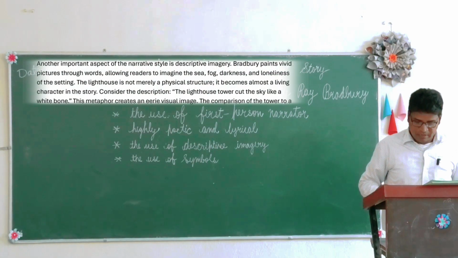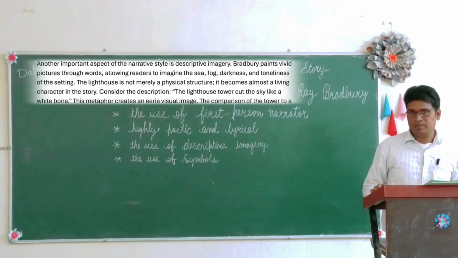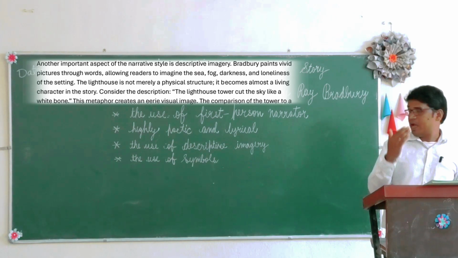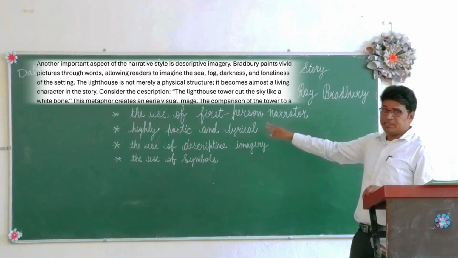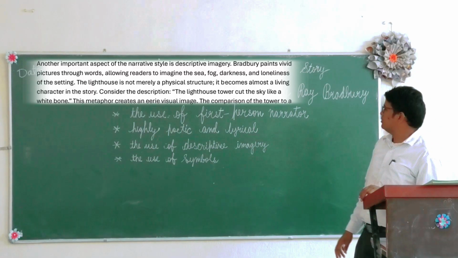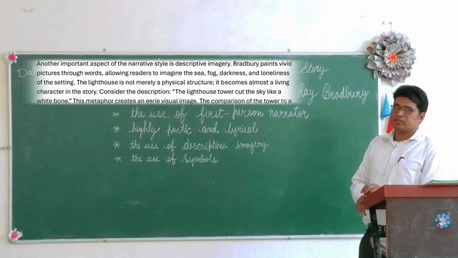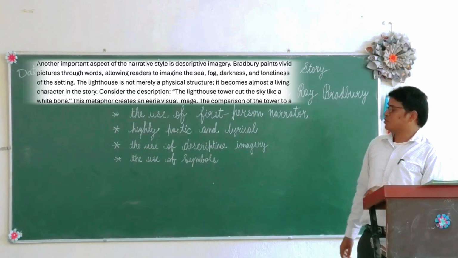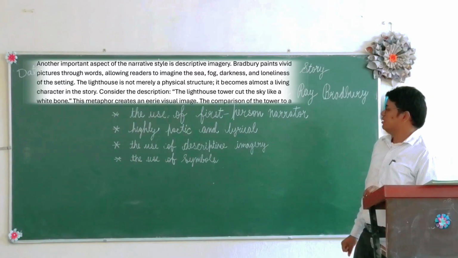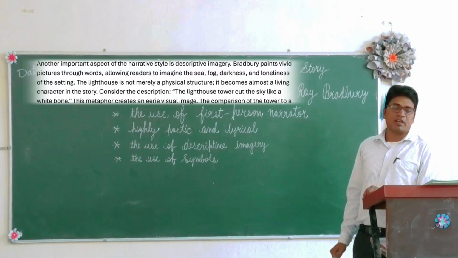So another important aspect of the narrative style is descriptive imagery. Before I move ahead, the first point, is it clear? The use of first person narrator? Okay. And second point is the story is written in highly poetic and lyrical style.